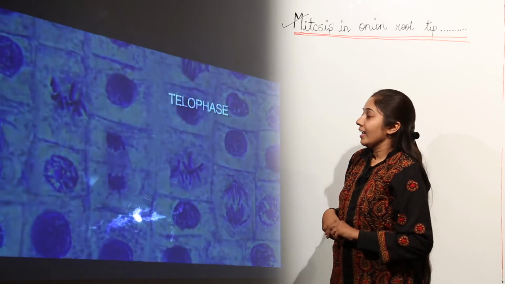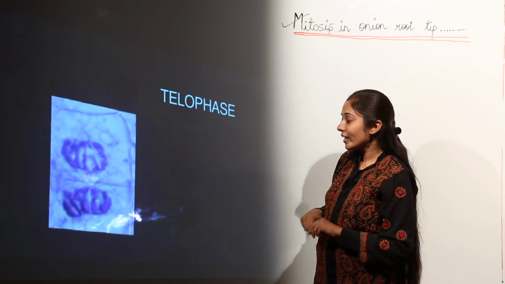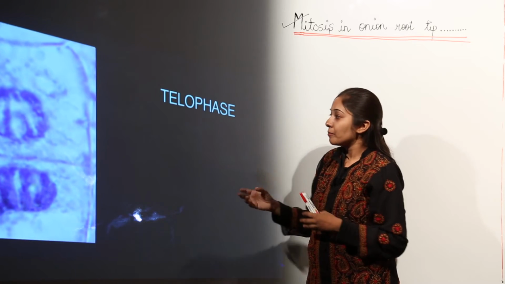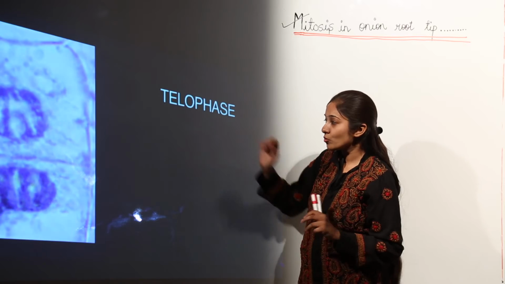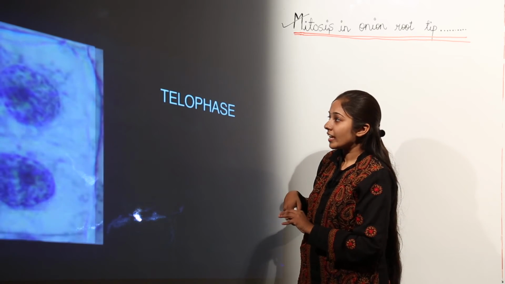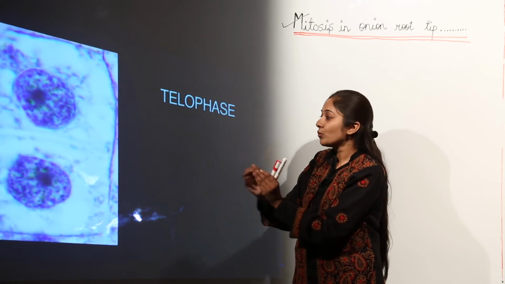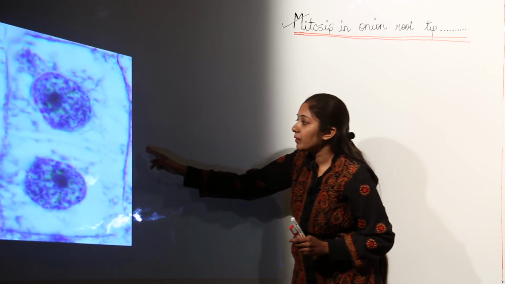After this we have the last stage of mitosis, that is the telophase. You can see this is also called reverse prophase, because now we have complete karyokinesis, the nucleus has divided into two, and after some time you can see the development of the nuclear membrane, and finally you can see the formation of this cell plate.